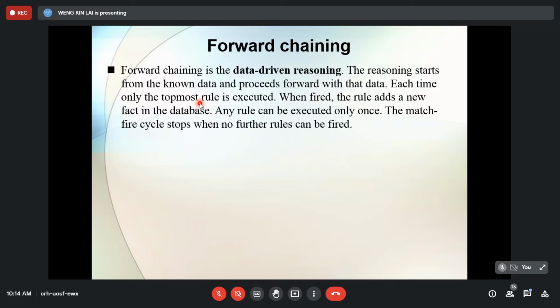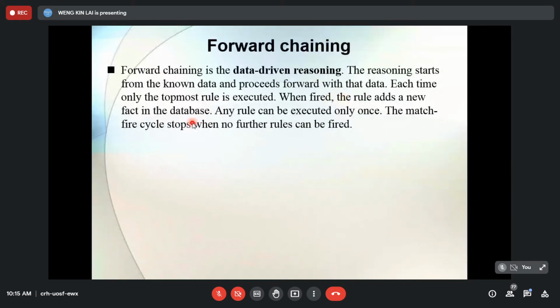Are the conditions for the rule satisfied based on the input to that rule? If that rule is satisfied, then it will be fired. It will be executed, it will be processed, and the rule, as a result, adds a new fact to your database.